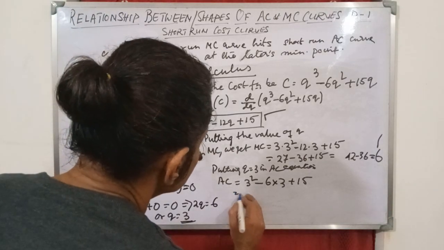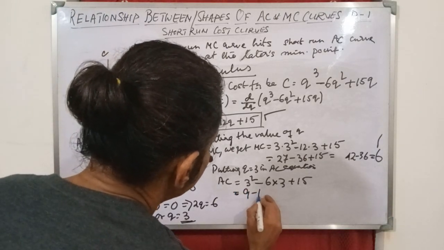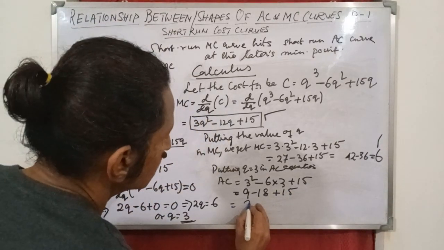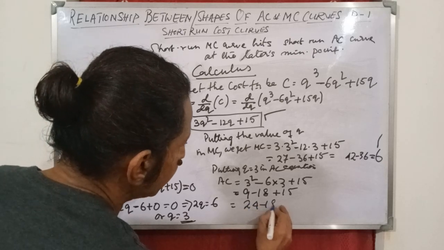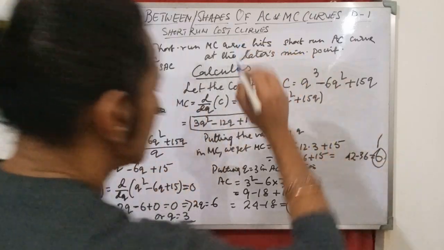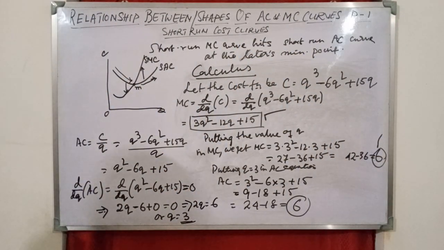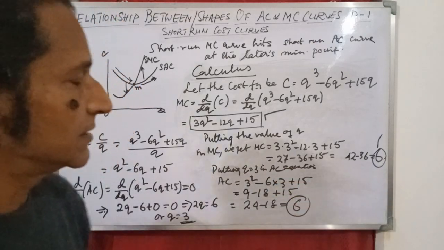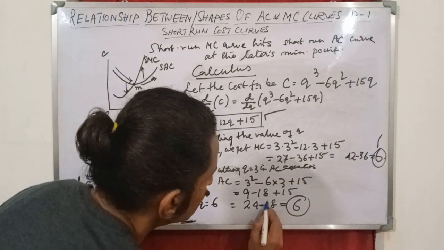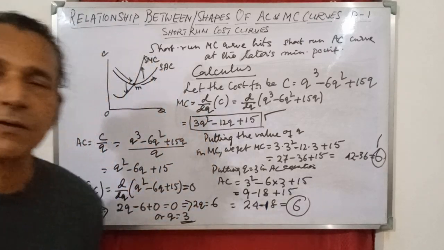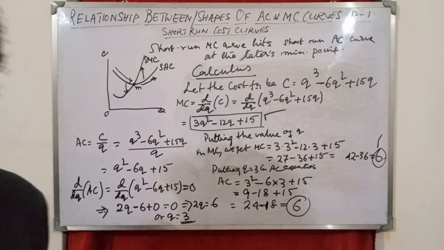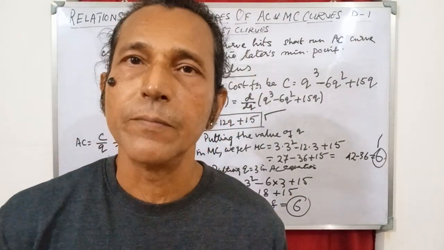So we get 9 minus 18 plus 15. That is 15 plus 9, 24 minus 18 is 6. So MC is equal to AC. Here MC is 6 and here we have calculated AC as 6 when Q equals 3. So when the average cost is minimum, the marginal cost is hitting the average cost curve at the latter's minimum point.